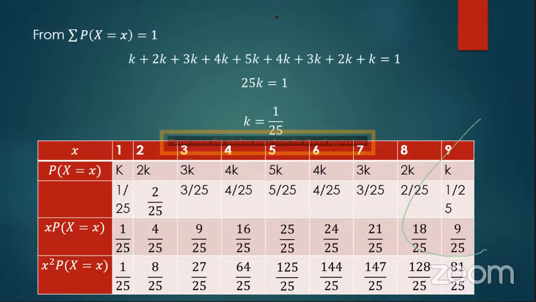Because of time, I might not go through all of it, but we have seen how to find the expectation of x, which is the mean, and how these values come about. So when we add this, it gives us the mean. Then when you add this and subtract the mean squared, it gives you the variance.